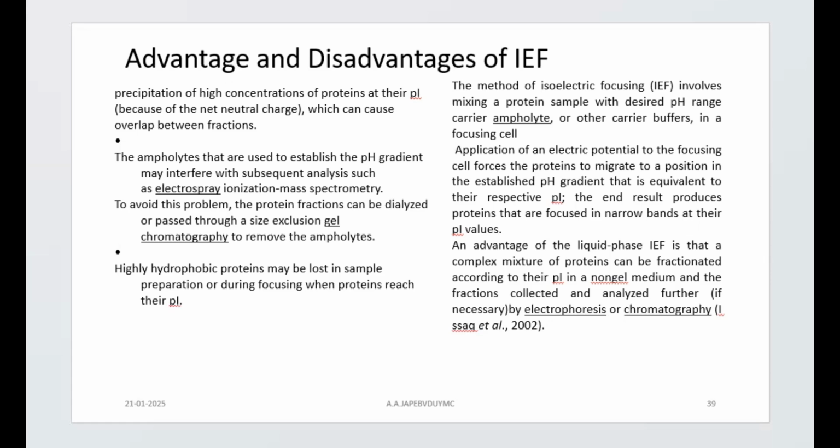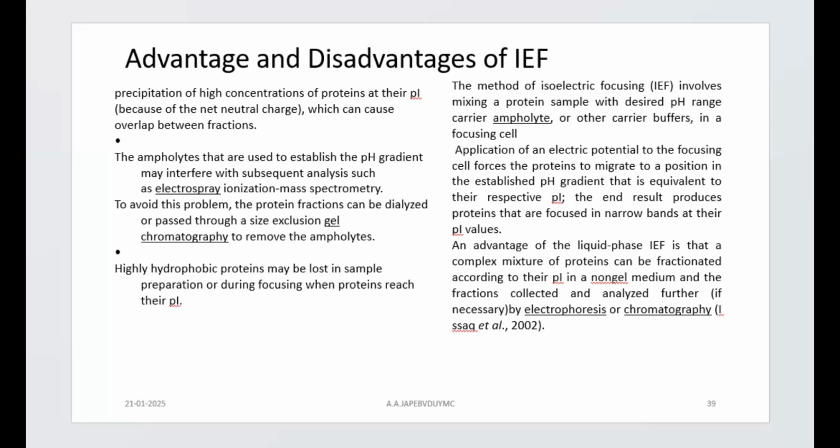Right. Now, when we talk about applications of isoelectric focusing, the proteins are migrating to a position in the established pH gradient that we have seen. The advantage is that a complex mixture of proteins can be fractionated according to their pI in a non-gel medium also, and the fractions can be collected and analyzed further.